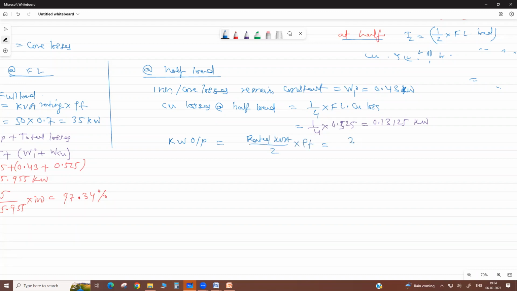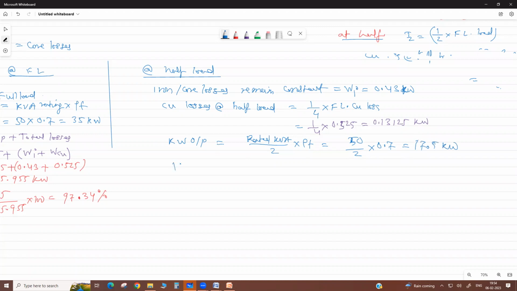So it is 50 by 2 into 0.7, means 25 into 0.7, they become 17.5 kilowatt output at half load.